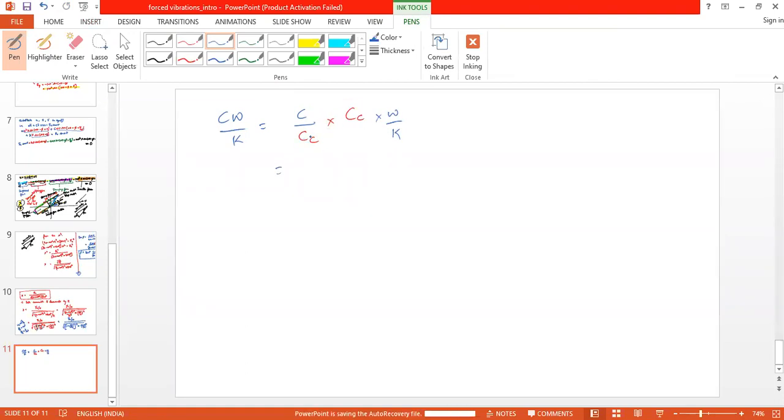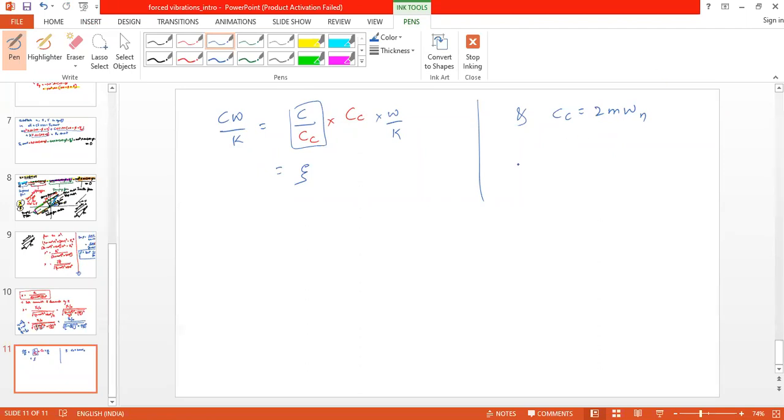Here this c by Cc is nothing but zeta. And what is this Cc? Cc is equal to 2m omega n. You know this. Cc is 2m omega n.